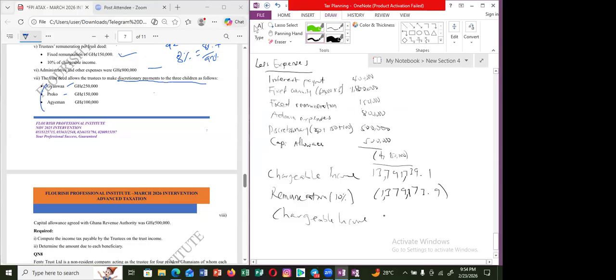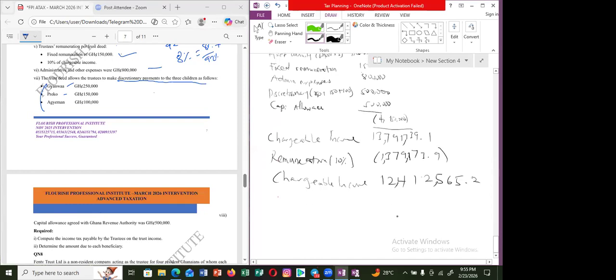Please, 1241, 2565.919. So this is the chargeable income.